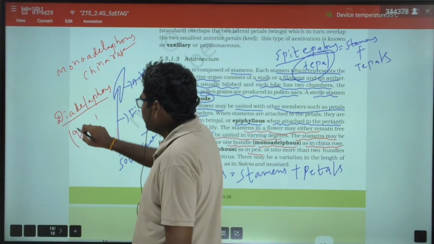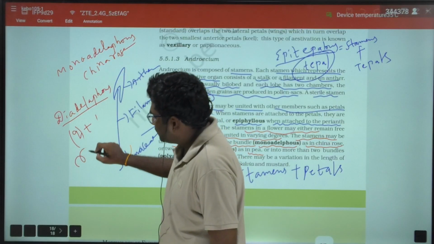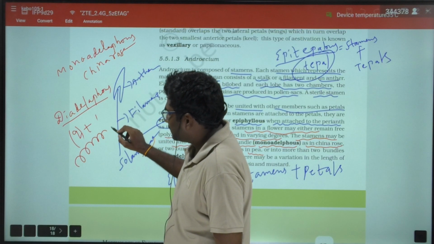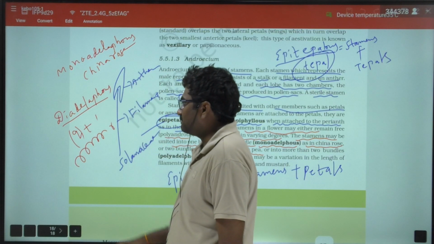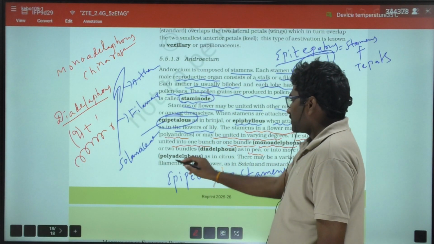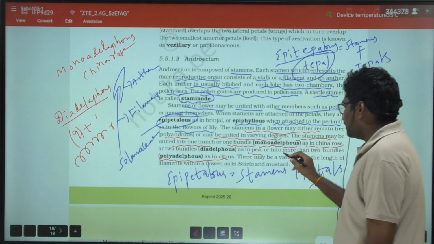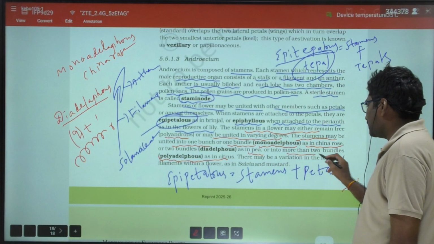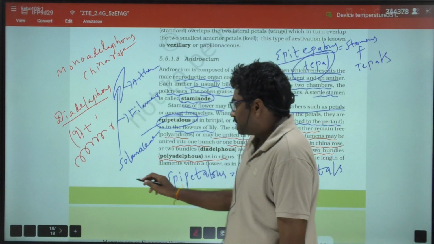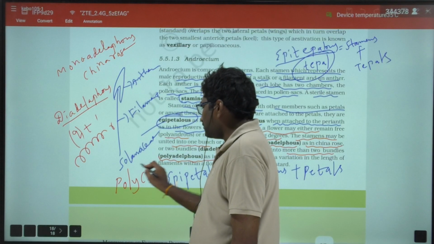The 9 is kept in brackets because all those stamens are united with each other, and 1 remains separate: 9 plus 1, diadelphous condition. And polyadelphous, as in citrus, that is stamens are united into more than two bundles. So remember, polyadelphous, citrus.